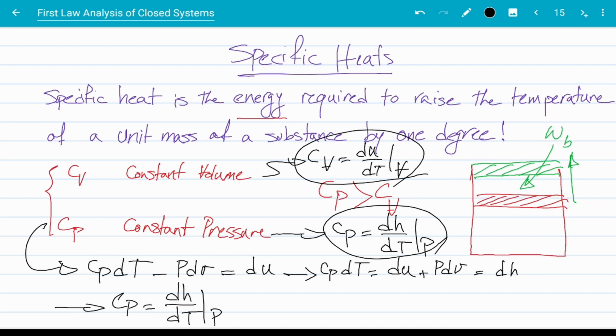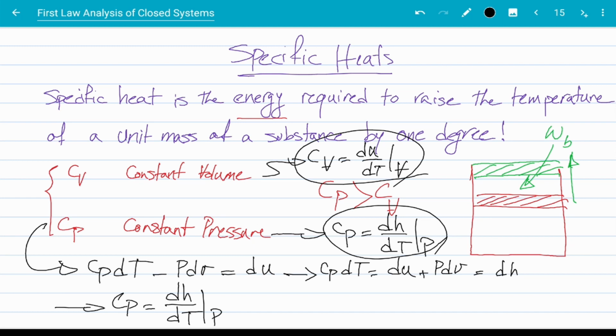Now, writing these equations in this form gives us another perspective. We can define Cv as the change in the internal energy of a substance per unit change in temperature at constant volume, and we can define Cp as the change in the enthalpy of a substance per unit change in temperature at constant pressure.